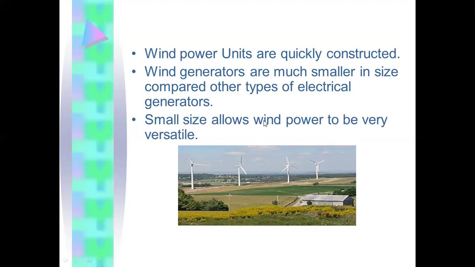Small size allows wind power to be very versatile. If we have more land, we can install more windmills. If we have less land, we can construct fewer windmills. It is dependent upon the availability of resources, the availability of land.